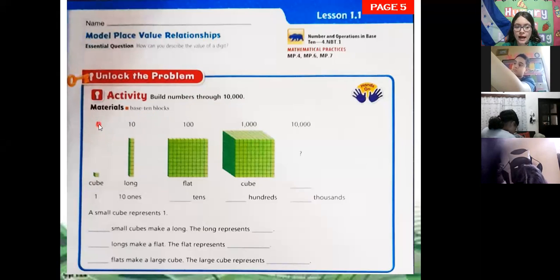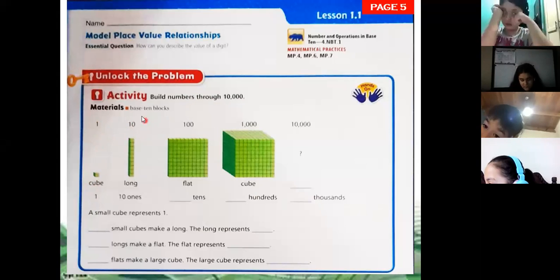So number 1, we have 1 cube. That's just 1 cube, so it means that it's just 1. What about 10? A long means 10 ones. So we have 10 cubes of this to make 1 long. It means that we have 10 ones.